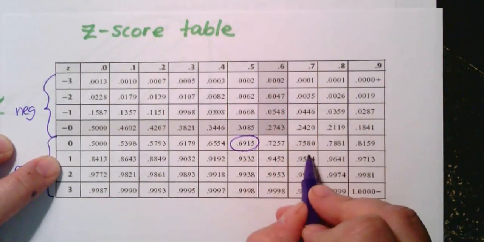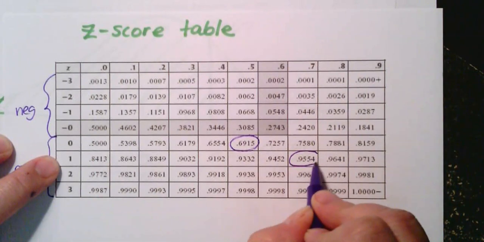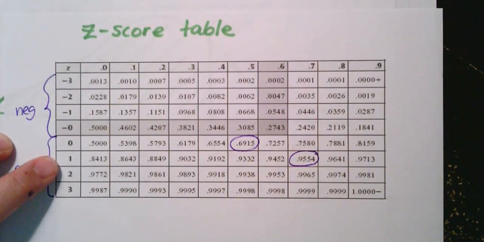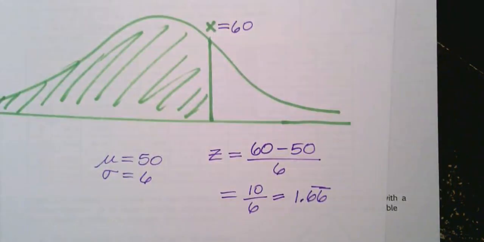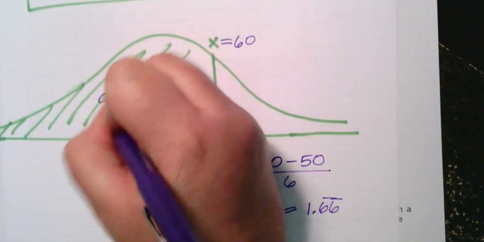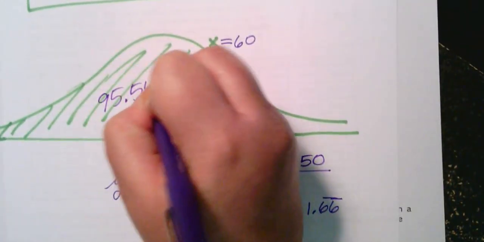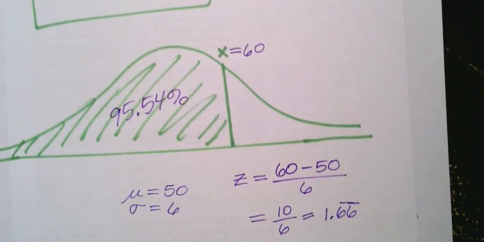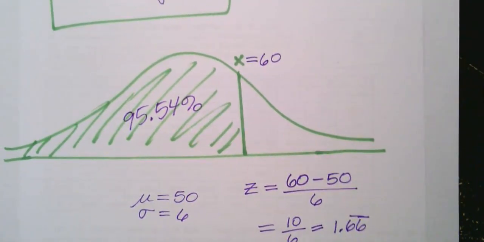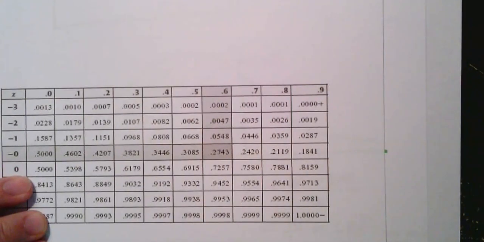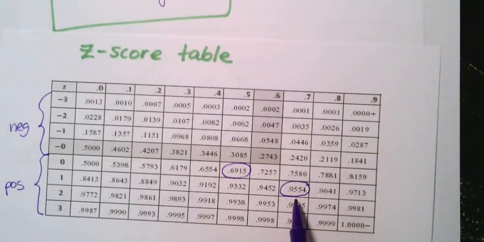And I say, okay, that means 95.54% of my data is to the left of that value. Well, then how much is to the right of that value? We have to subtract. This was not in percent, it was in a decimal. So I found, sorry, this one right here. If I subtract that from 1, that's the same as subtracting my 95% from 100%.